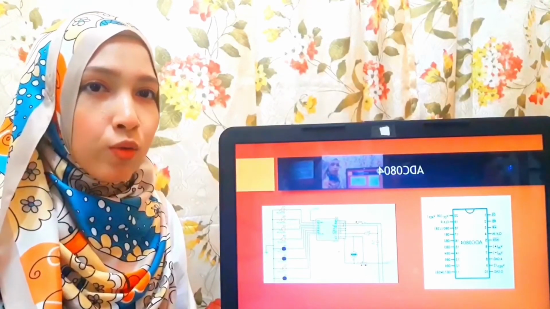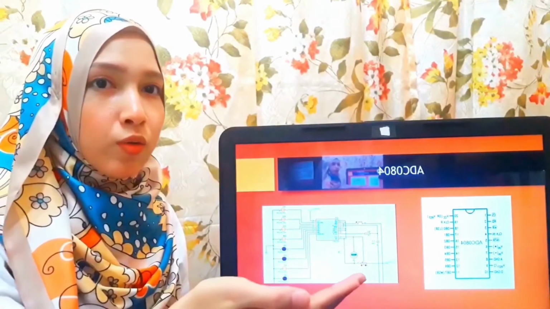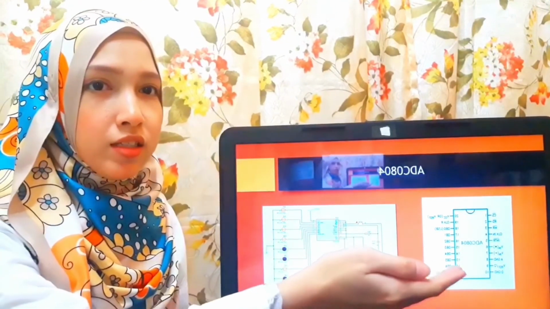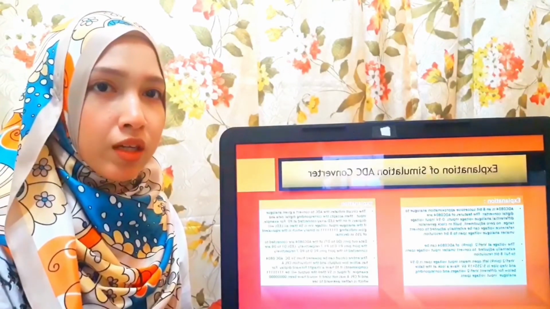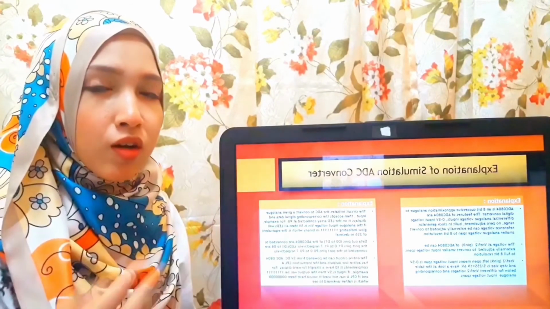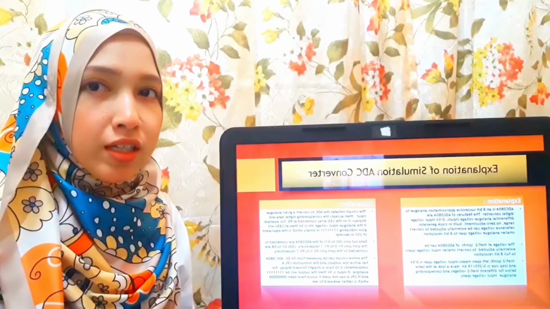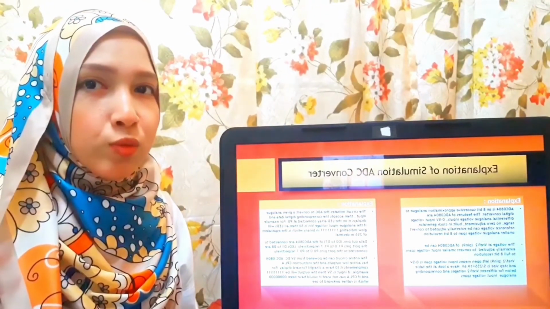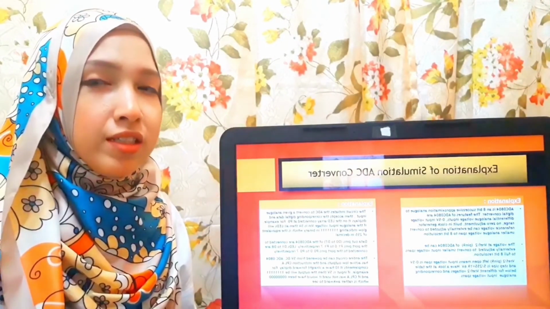So now I will continue the explanation from Kila. I want to explain the ADC 0804 and this circuit diagram. So next is the explanation of the simulation of the ADC converter. The ADC 0804 is an 8-bit successive approximation analog to digital converter.